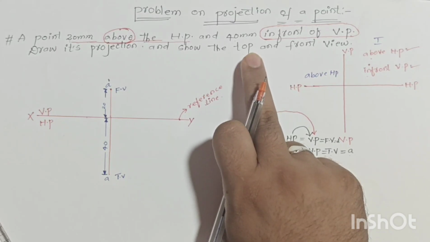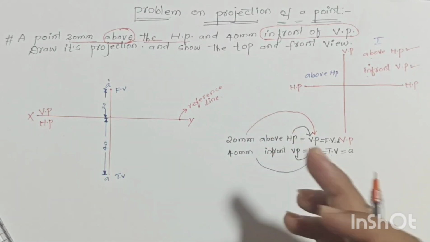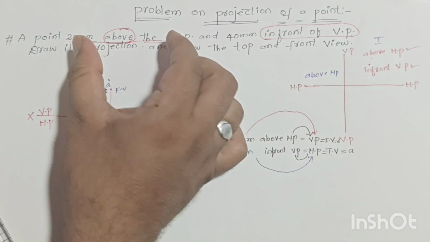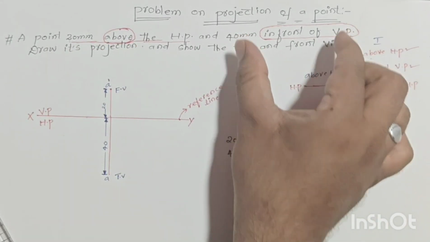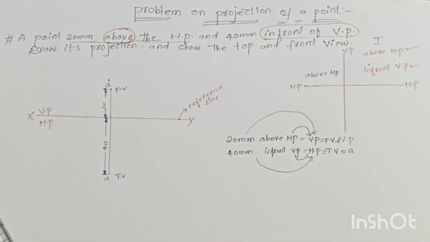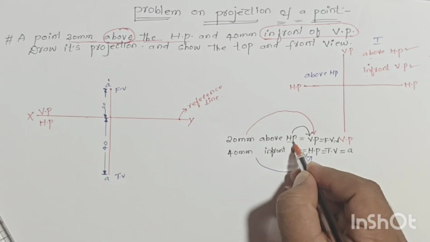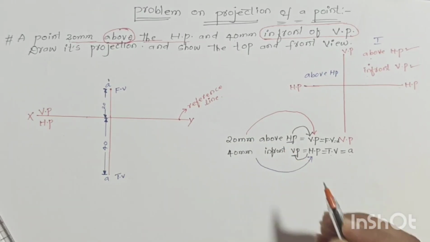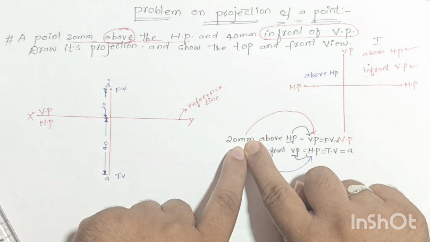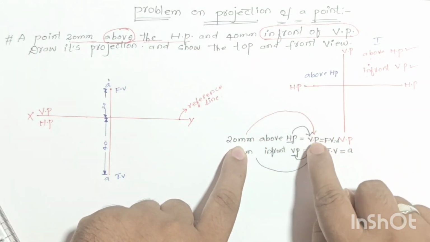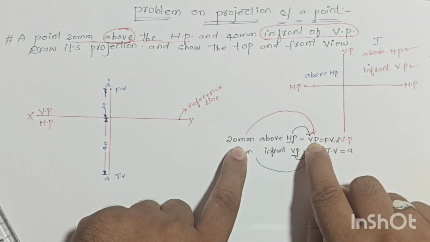Meanwhile, we have to show the top view and front view. The same thing we have to write here: 20 above the HP and 40 in front of VP. Always observe this HP, last point. 20 above the HP means the point we need to draw on the vertical plane.